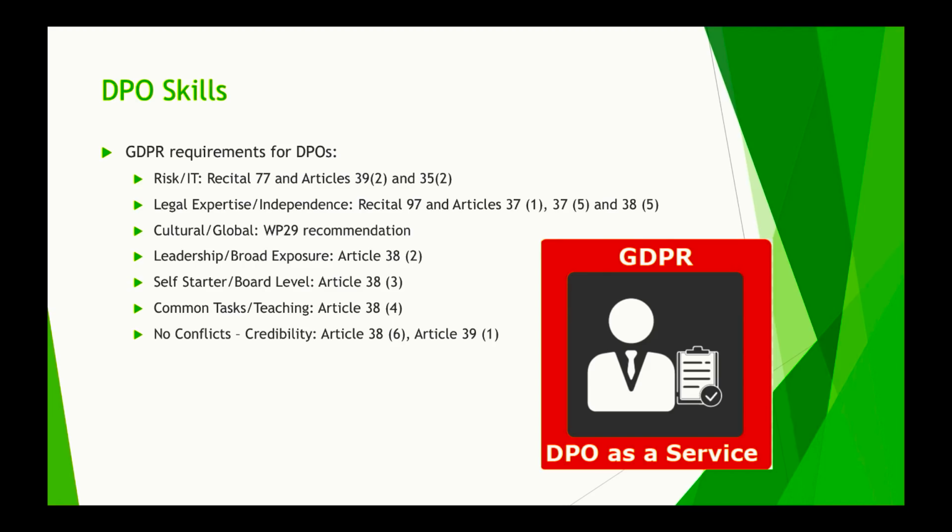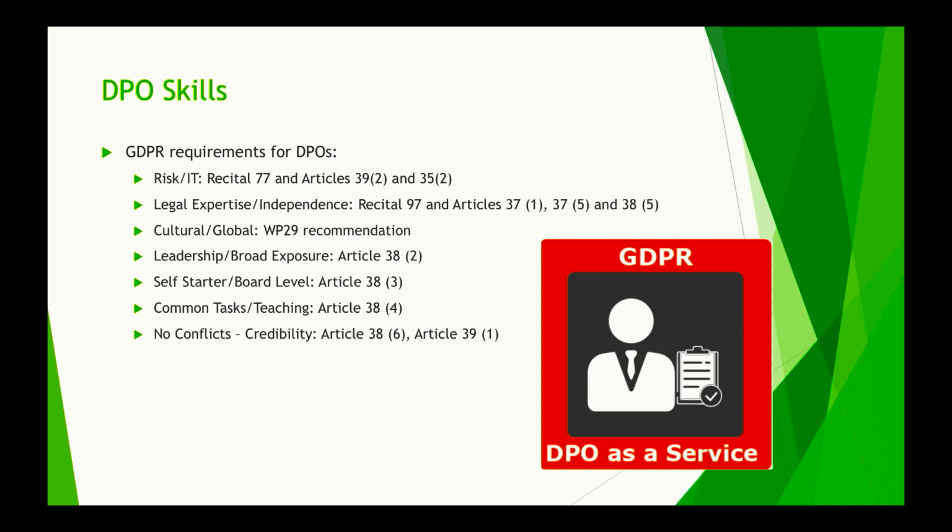Regarding cultural and global, DPOs will likely be dealing with controllers and processors from different countries and therefore business cultures. DPOs must have experience in dealing with different ways of thinking and doing business and have the flexibility to marshal these differences into a successful result.